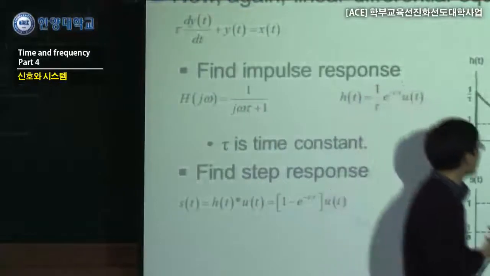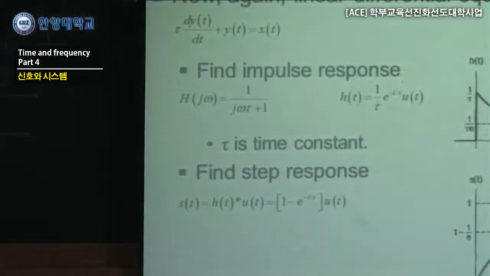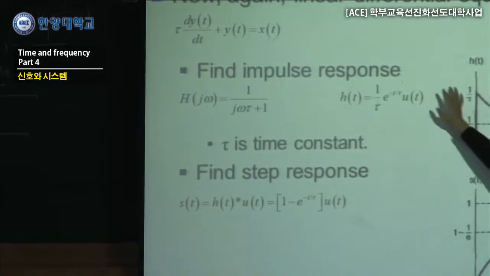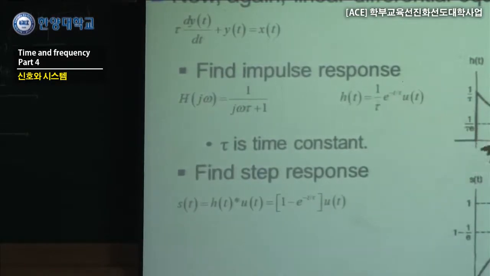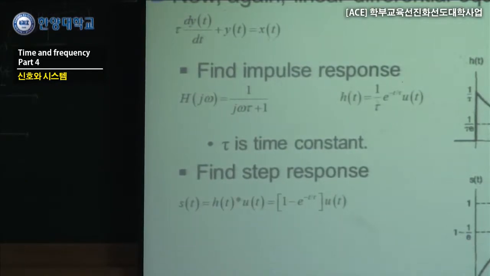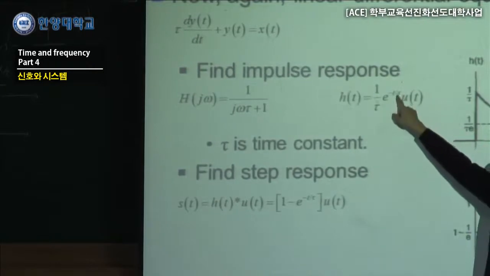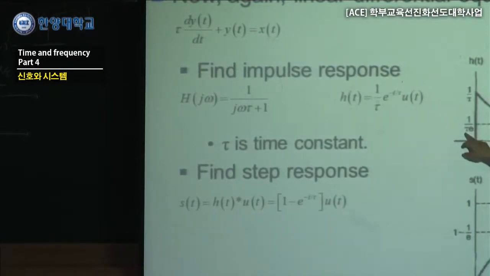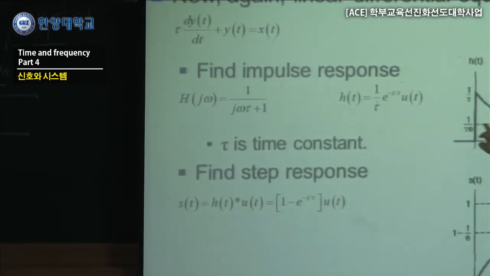If you plot it in time domain, as I said, they're decaying. In the case of the system response, which is the impulse response, if you plot it, it starts from 1 divided by tau and goes down like that. When t is tau, it is given by 1 divided by tau e.